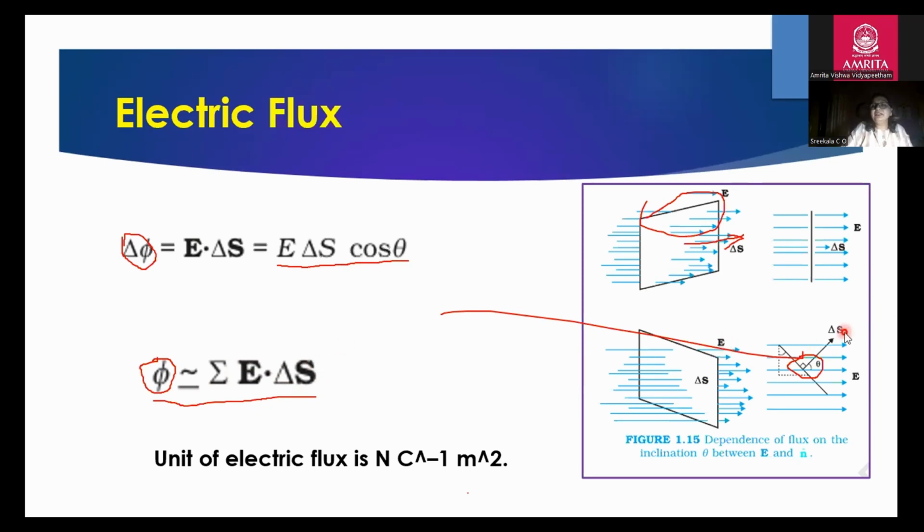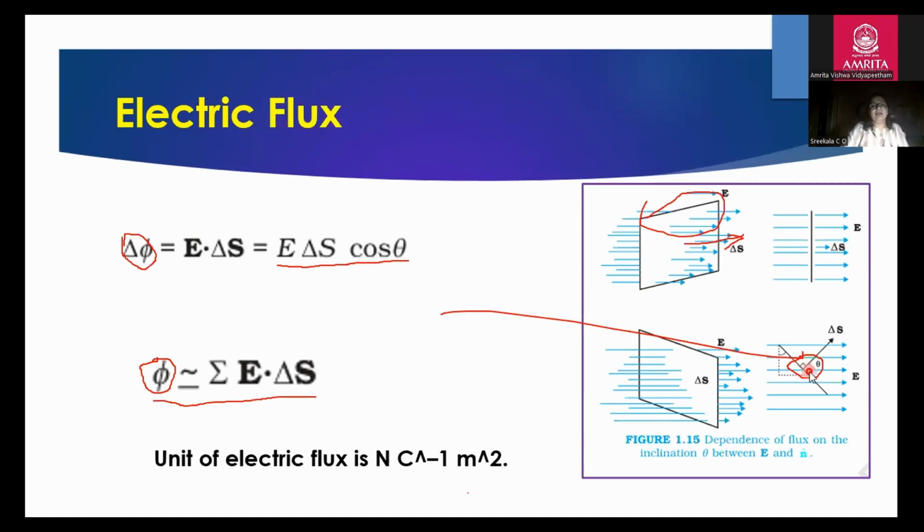This line you can see as delta S. It never means that area is a vector quantity.